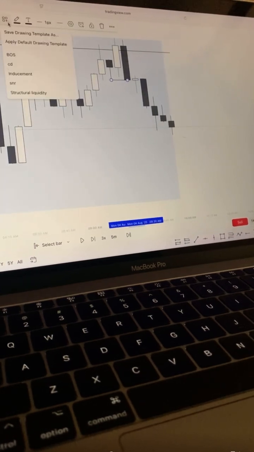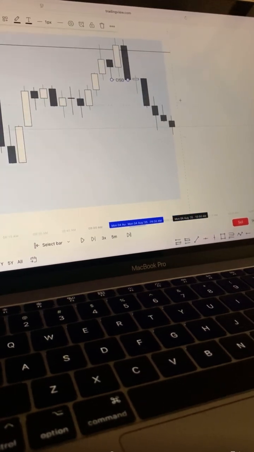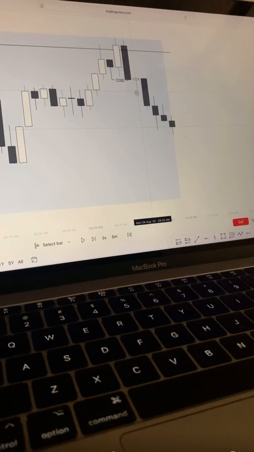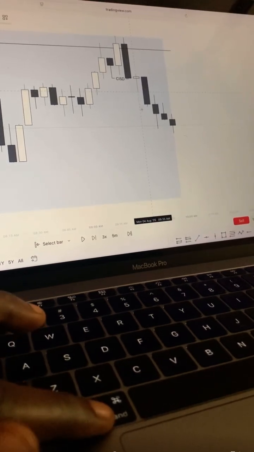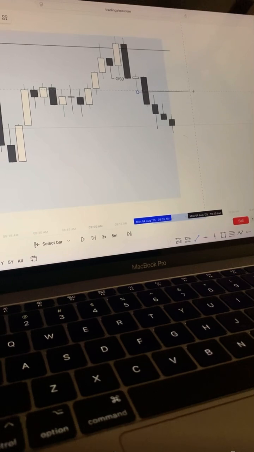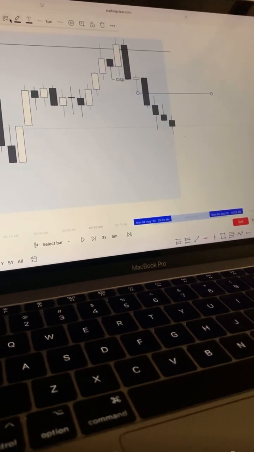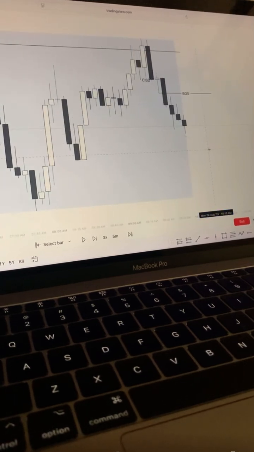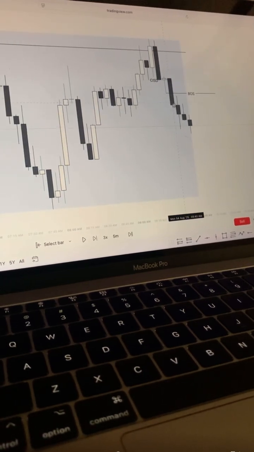You can see here it broke, and you can also see how it tested the zone. It retested and price also broke the low that we tested. Sometimes it can be a single candle, sometimes multiple candles, so it doesn't matter. As long as we got the break, then we are good.